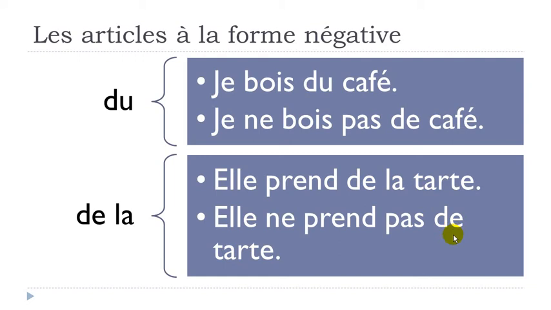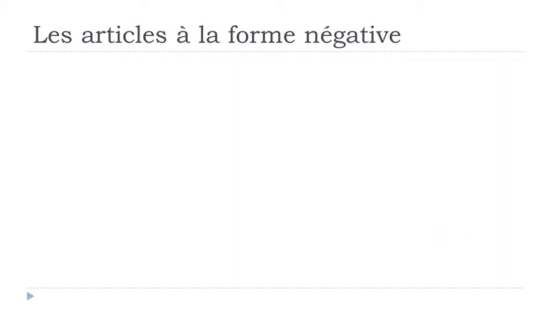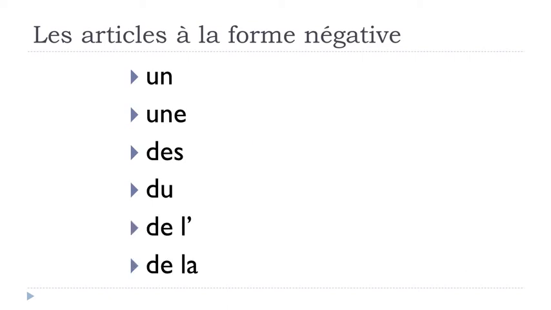All right? So what can we say if we've got un, une, or then des? So what we saw previously, this article indéfini, or then if we've got du, de l', or de la, as we saw previously, so what we call les partitifs.